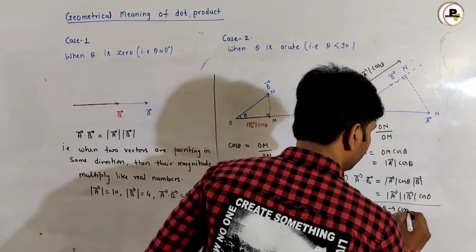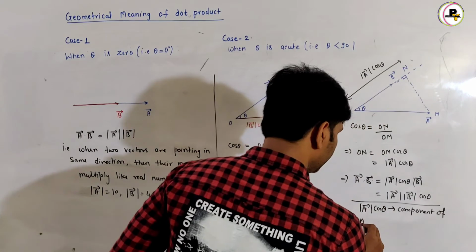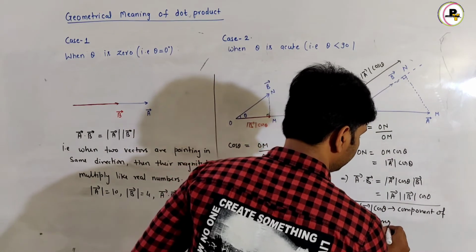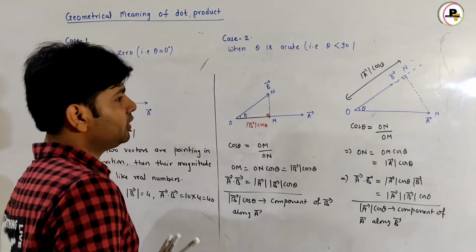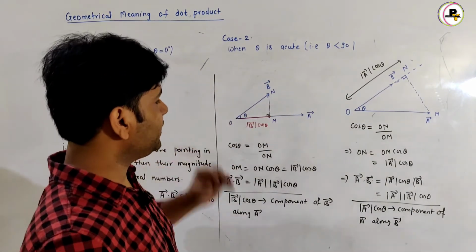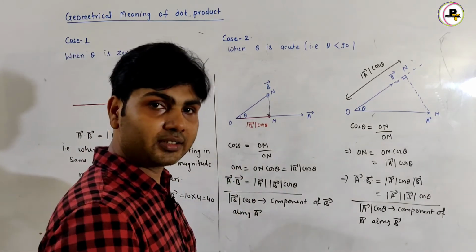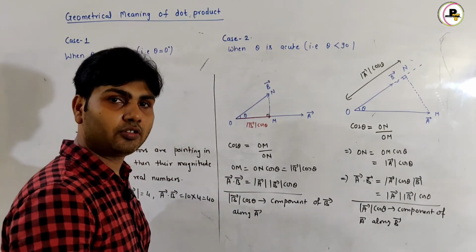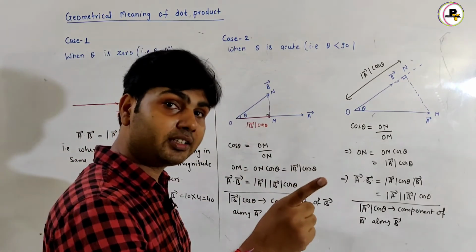It is the component of A vector along B vector, and this is also called the projection. So when the two vectors are inclined at an angle theta, then the dot product of the two vectors is equal to the product of the magnitude of one vector and the component of the other vector in the direction of the first vector.